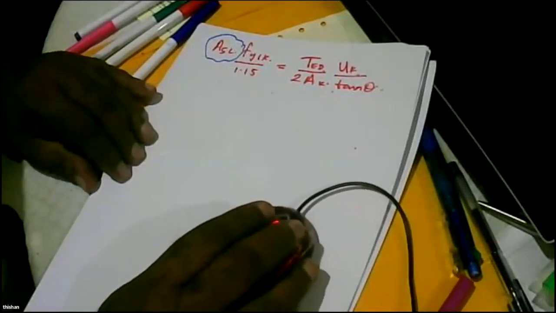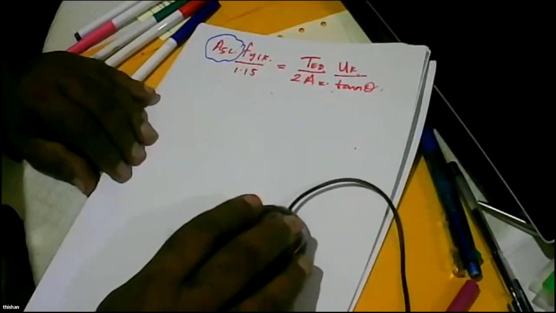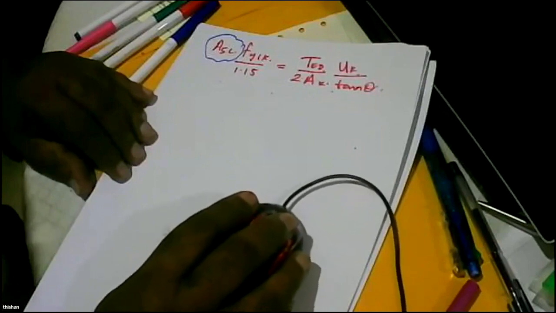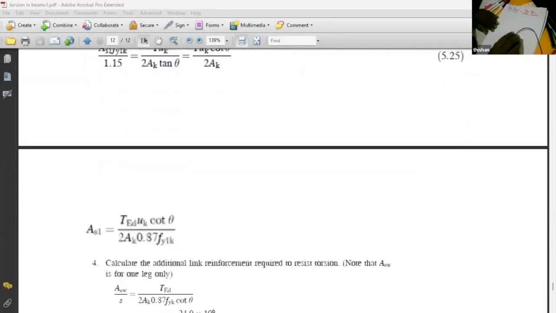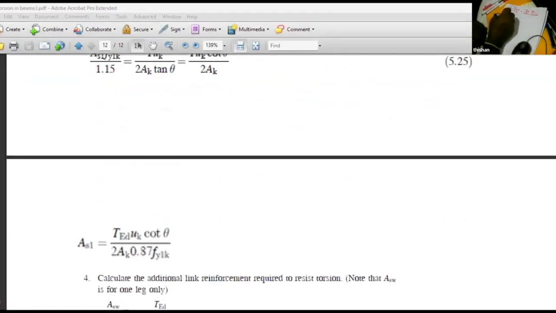What you get, if I start sharing the note, is Asl equal to Ted uk cot theta divided by 2Ak times 0.87 fyk.